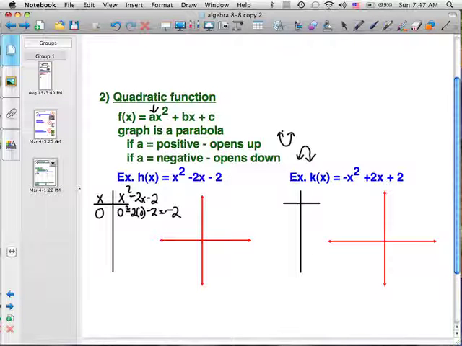So x equals 0, y equals negative 2. If I evaluate it at 1, I get 1 squared, which is 1, minus 2 times 1, which is 2, minus 2. So I get 1 minus 4, which is negative 3. So if x is 1, y is negative 3.